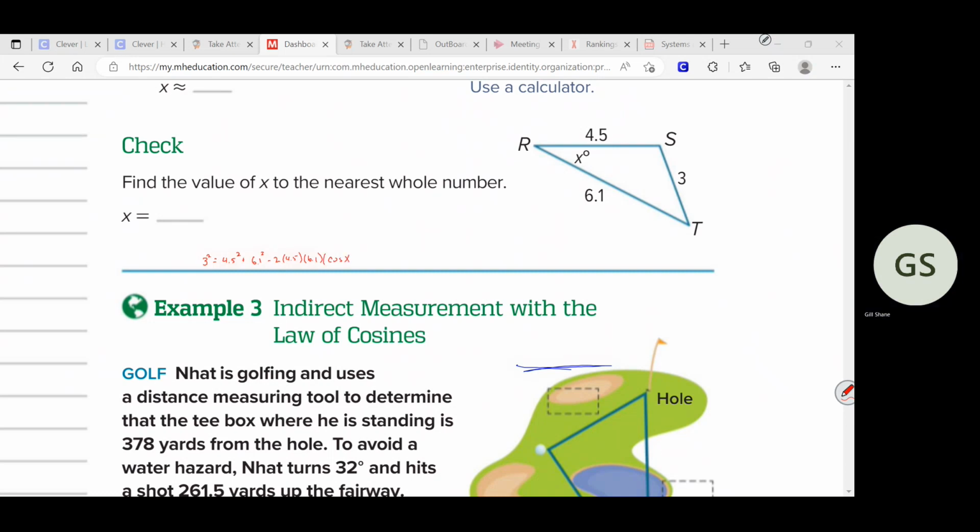All right, so now I gotta multiply all that. Then we would say that times that times that equals that.